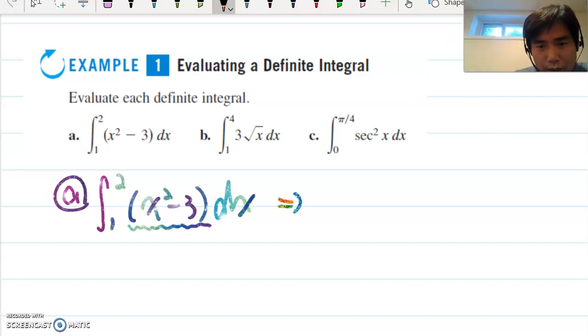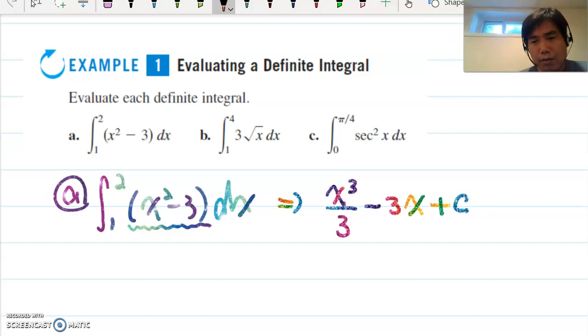Then you will get x cubed over 3 minus 3x plus C, right? But now this is not an indefinite integral. We have a definite interval, so you don't need the C anymore.